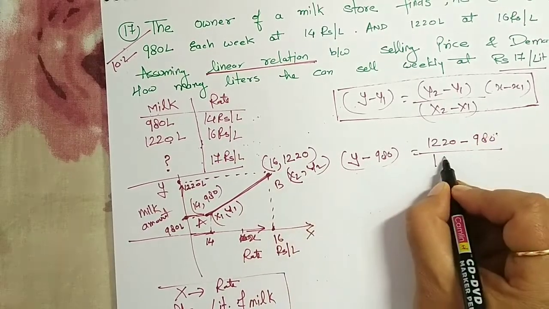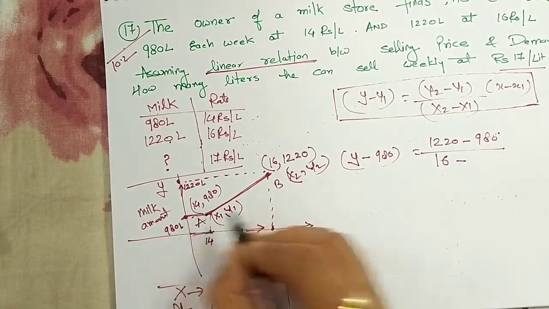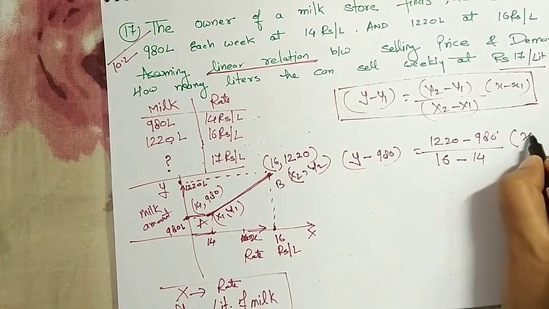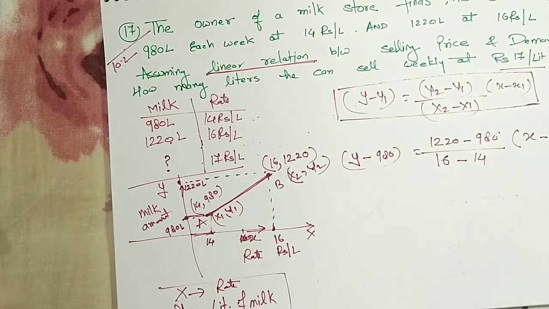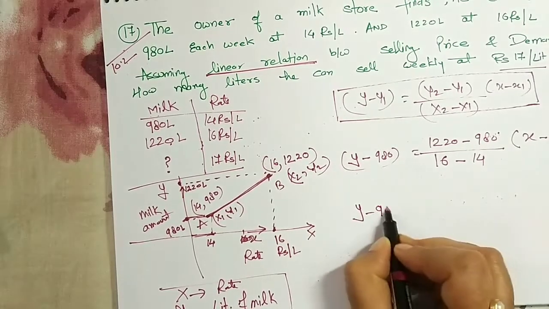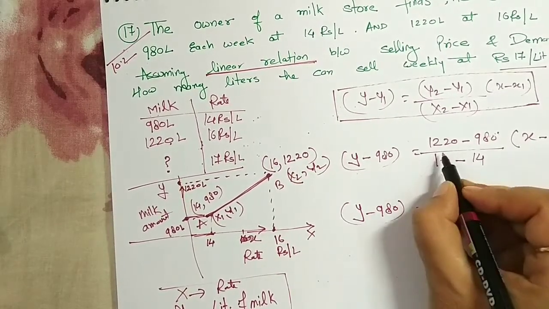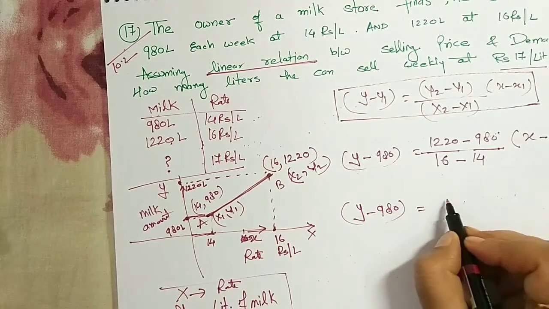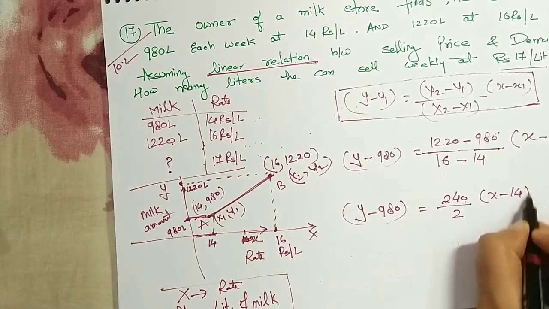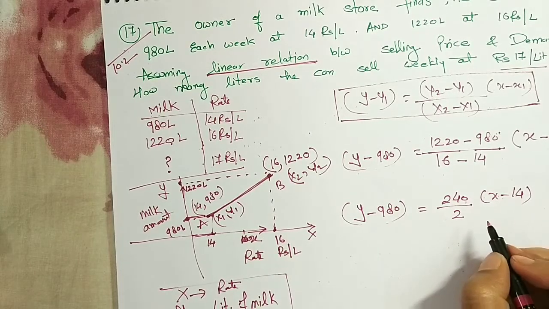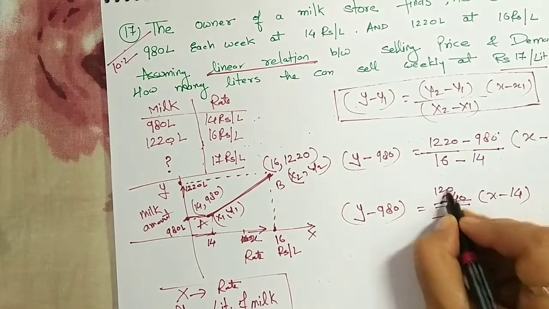This is x2, which is 16, and x1 is 14, into x minus x1, and x1 is again 14. Let me simplify a little bit. What is this minus this, guys? 240 by 2, into x minus 14. I think this will cancel to 120.